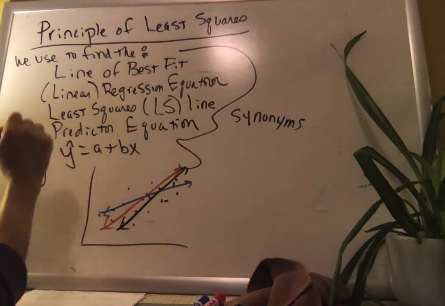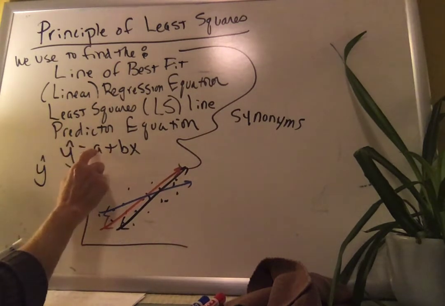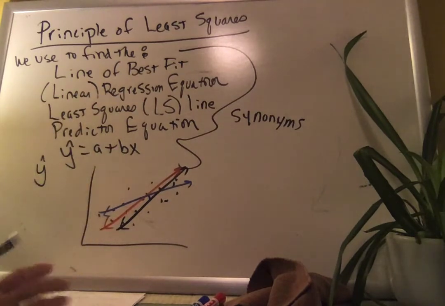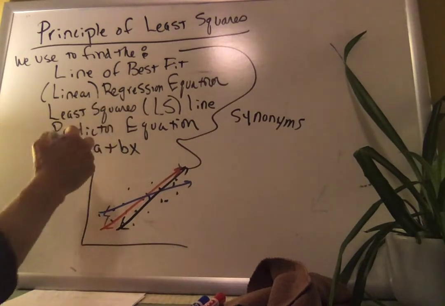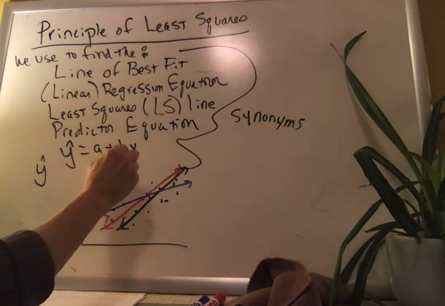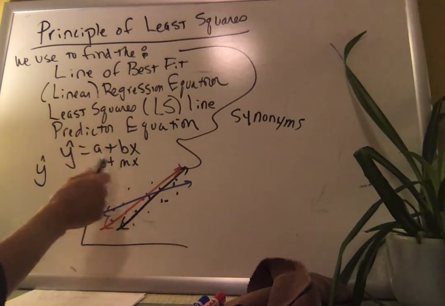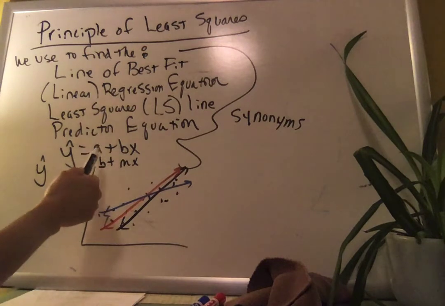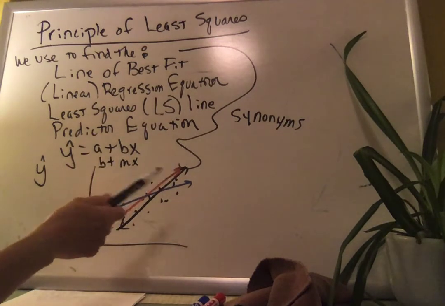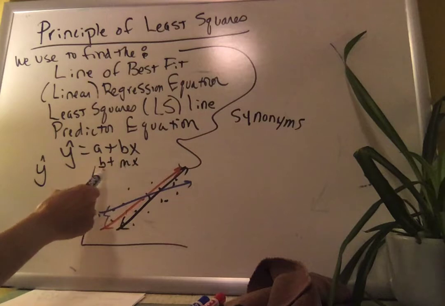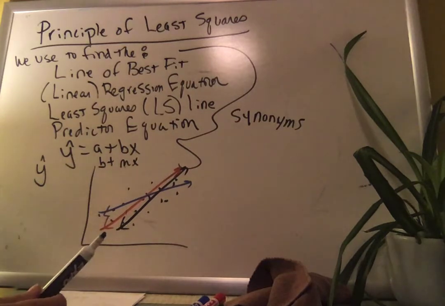Now, this is where you have to make sure you understand. The A's and the B's are just placeholders. Most of us came out of high school with mx plus b. A lot of the stats textbooks are now using a plus bx, which really throws people because we grew up with m being slope and b being the intercept, right?